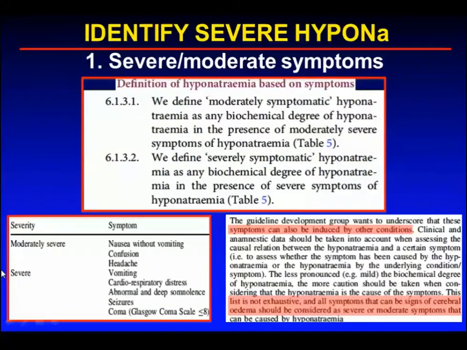And you can see here the definitions of moderate symptoms and severe symptoms. I don't want to go into details because I have no time. And we define severely symptomatic hyponatremia as any biochemical degree of hyponatremia in the presence of severe symptoms of hyponatremia. Of course, you have to know that these symptoms are not specific and can be due to other conditions.